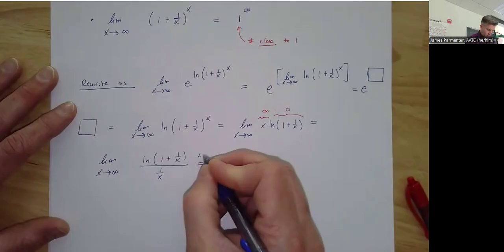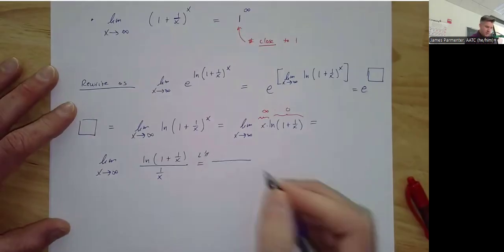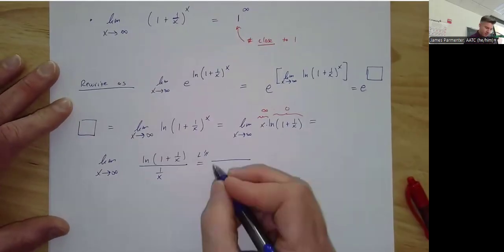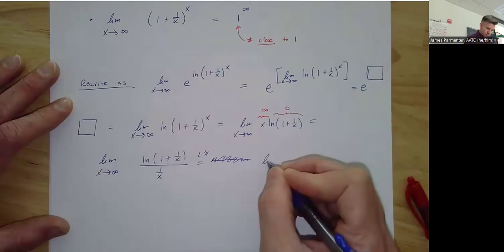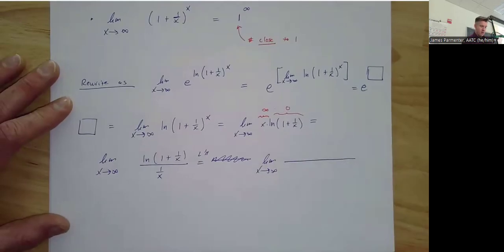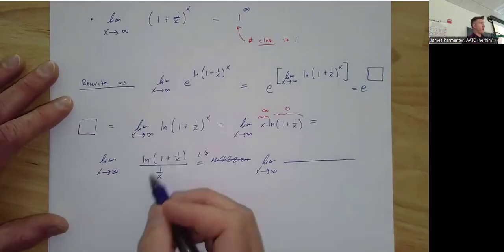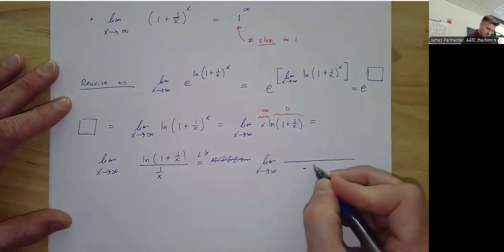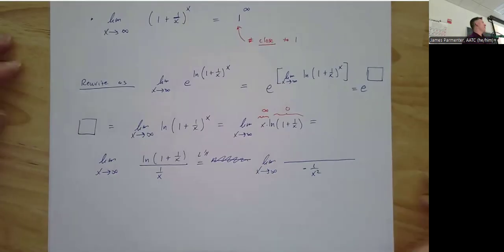So now, using L'Hopital's rule, geez, forgot to write the limit. It's terrible. Limit as x goes to infinity of, okay, the derivative of the 1 over x is negative 1 over x squared. I always like to start with the easier thing first.